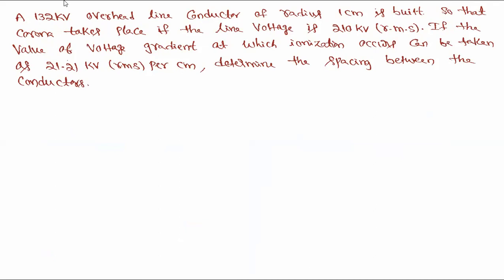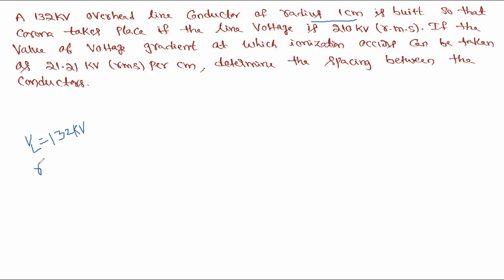In the problem, they have given the line voltage, VL equal to 132 kV, a three-phase system, overhead line conductor, radius 1 centimeter.